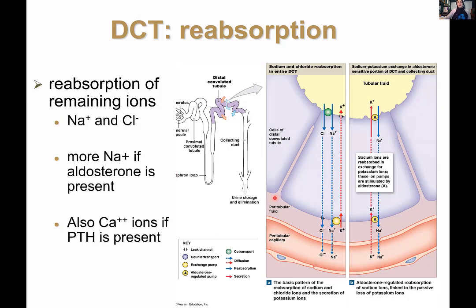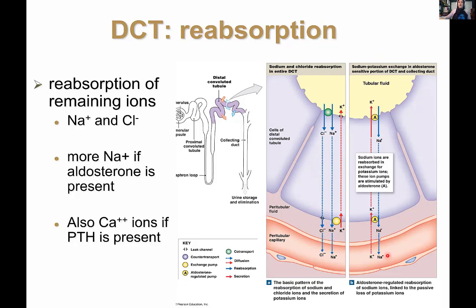So if aldosterone is present, we're going to not only have sodium-potassium exchange happening at the basal surface of the DCT cells, but also at the apical surface. So effectively, this is going to double or even more than that, the amount of sodium being reclaimed. And that creates additional driving force for water to come along with it and re-enter the blood.